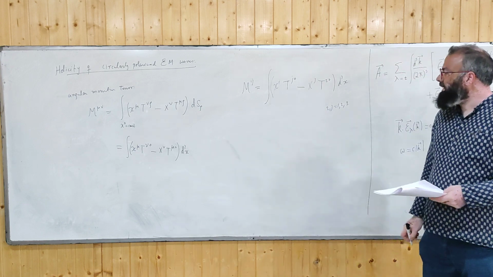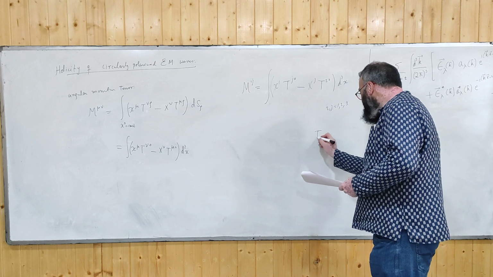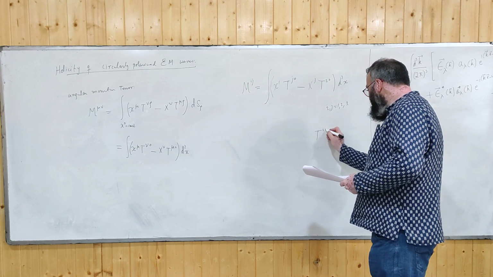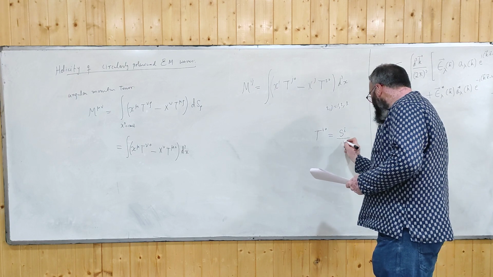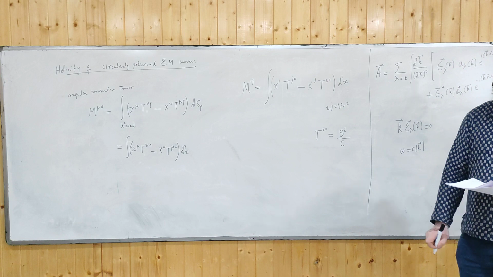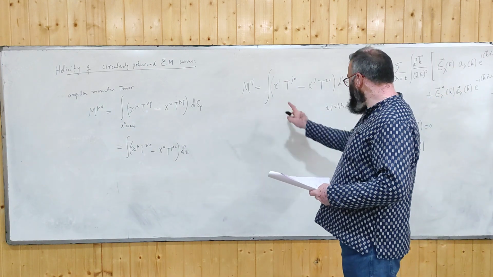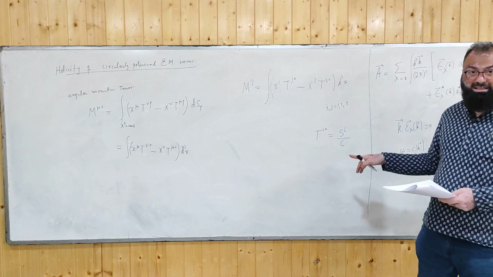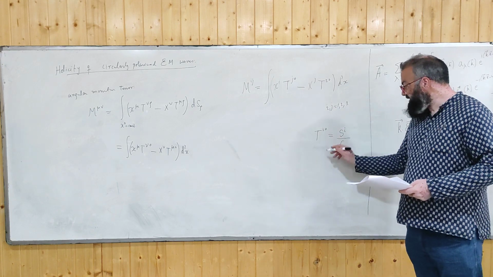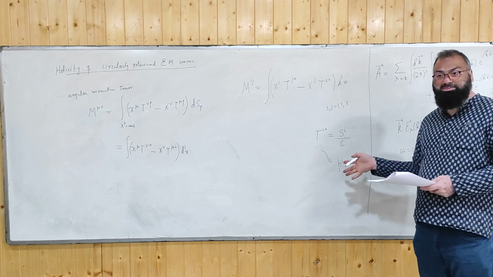Now let's write this T i0. It is related to the ith component of the Poynting vector divided by c. Is it true? When you write T i0, it gives the three components of the momentum as well, P i.